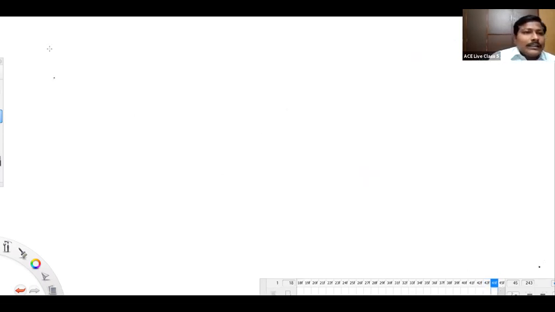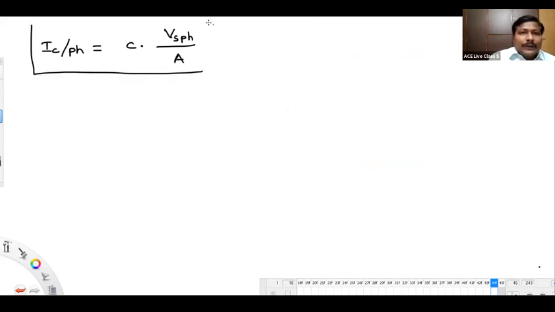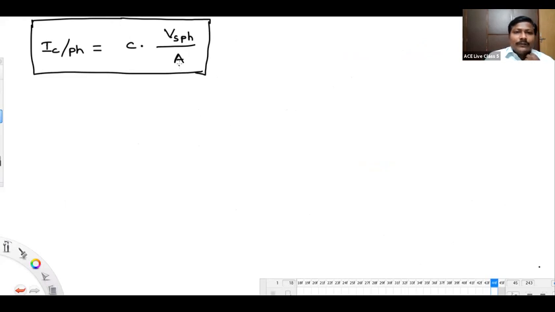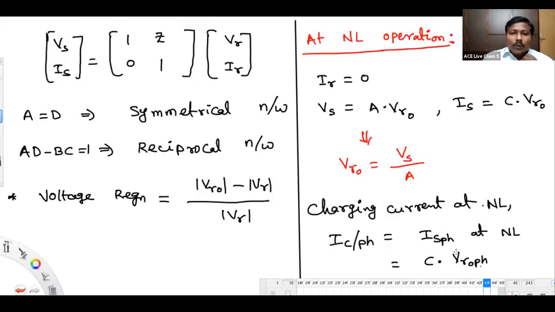Charging current per phase is nothing but C into Vs phase by A. IC per phase equals C into VR0 phase. VR0 phase is nothing but Vs phase by A. Now, what is the voltage regulation equation you can write?